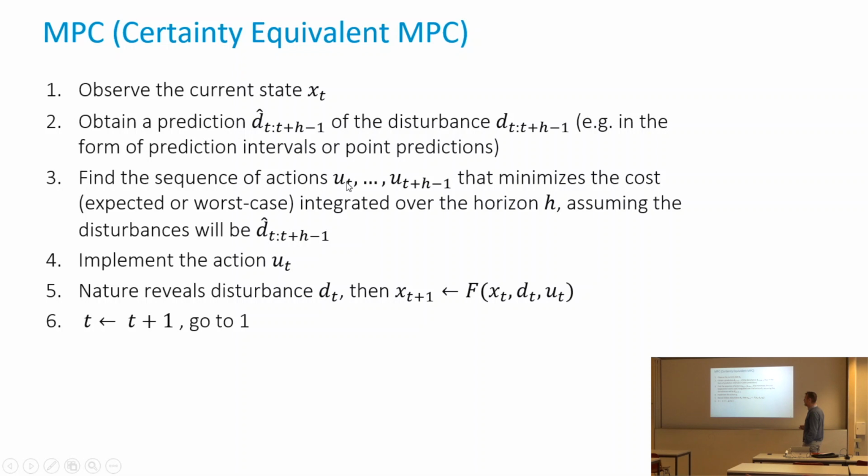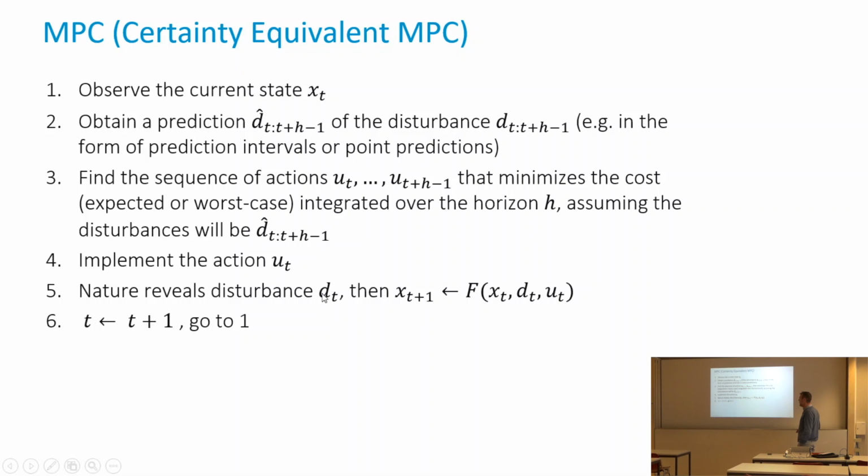And then we solve the optimization problem that consists in minimizing the cost from now until the end of the window, from now to the end of the next 24 hours. What is the trajectory of actions I should take? And given this, I implement only the first of those actions. And then the other actions I drop. They were just used for me to know what to do, but they're not implemented.